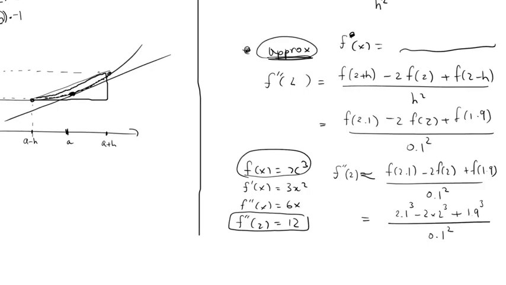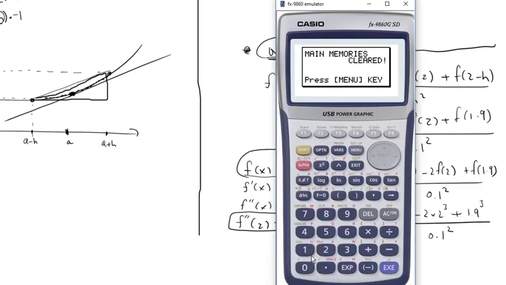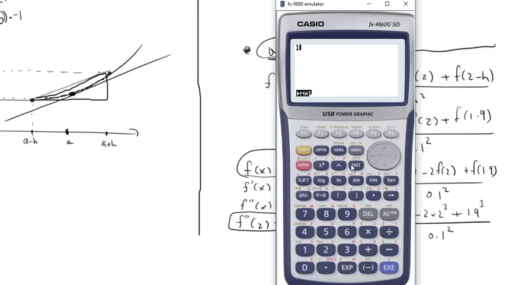I'm going to bring up the calculator. 1.9 to the power of 3 is 6.859. Then minus 2 times 8, plus 1.9 to the power of 3. Press enter, and divide that by 0.1 squared.